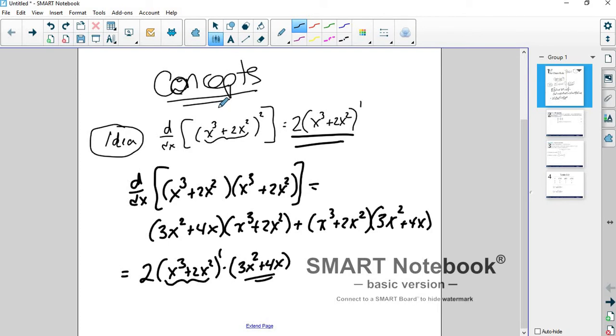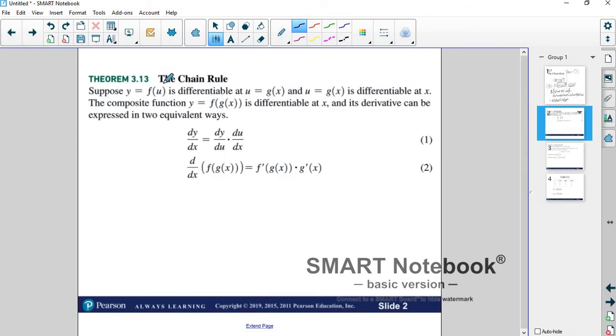Okay, so the idea of the chain rule is that this function is really made up of two smaller functions, or a composition of functions. That's the idea. So if y is equal to f of u and u is equal to g of x, and both of these are differentiable functions, then when you go to take the derivative of f of g of x, one function inside of another one, you can compute the derivative in two different ways.